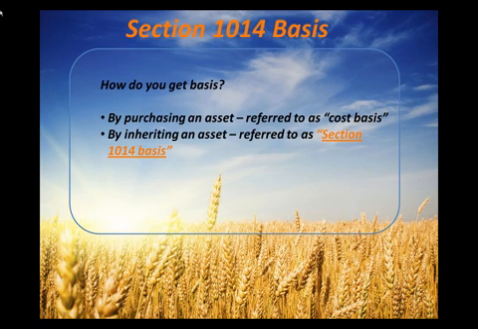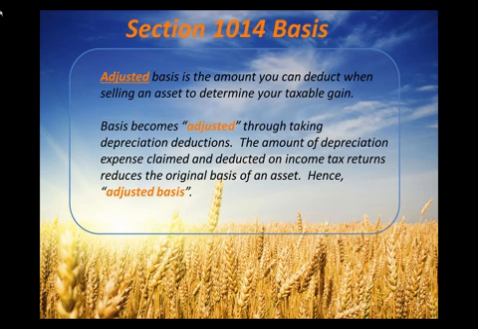Sometimes people will refer to that basis from inheriting an asset as stepped-up basis, but that's assuming that the value is higher than the cost. If the value of that asset when it's inherited is lower than the cost, you actually get a stepped-down basis to the fair market value. So actually, the Section 1014 basis should be referred to as fair market value basis or Section 1014 basis.